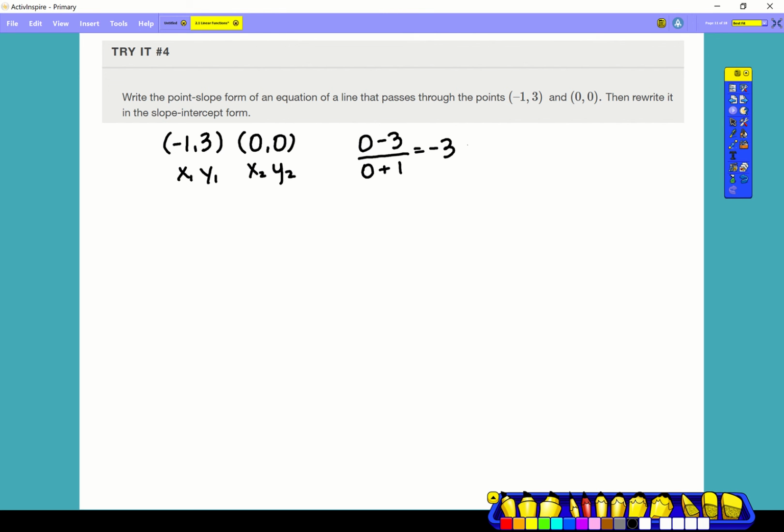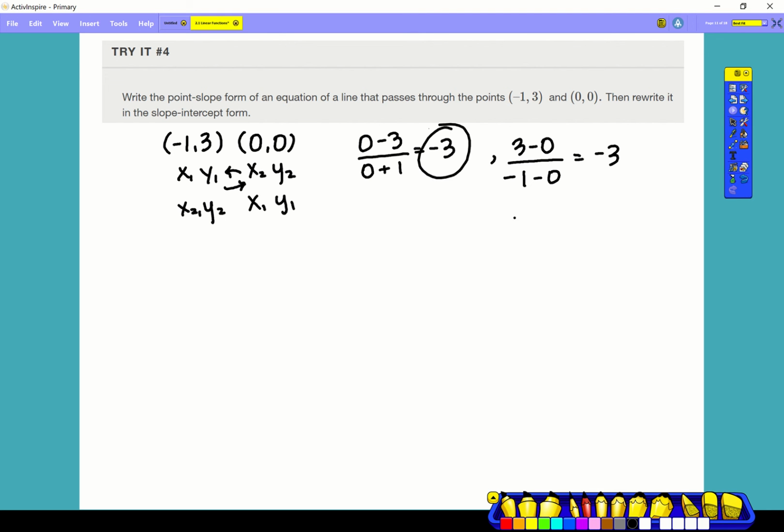That's the slope. Now notice if we would have switched these around so that this was x2 and y2 and this was x1 and y1, we would get 3 minus 0 divided by negative 1 minus 0, which is just negative 3 also. So it doesn't matter, but be consistent with your labeling.